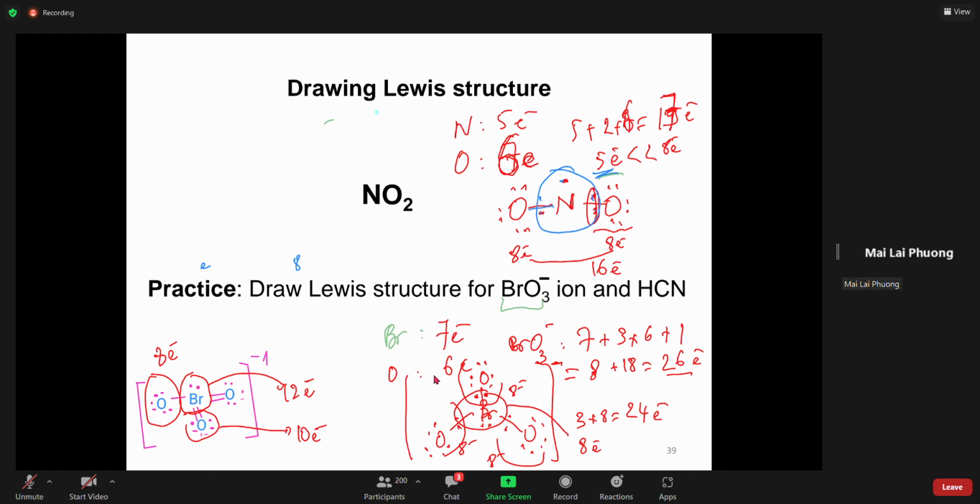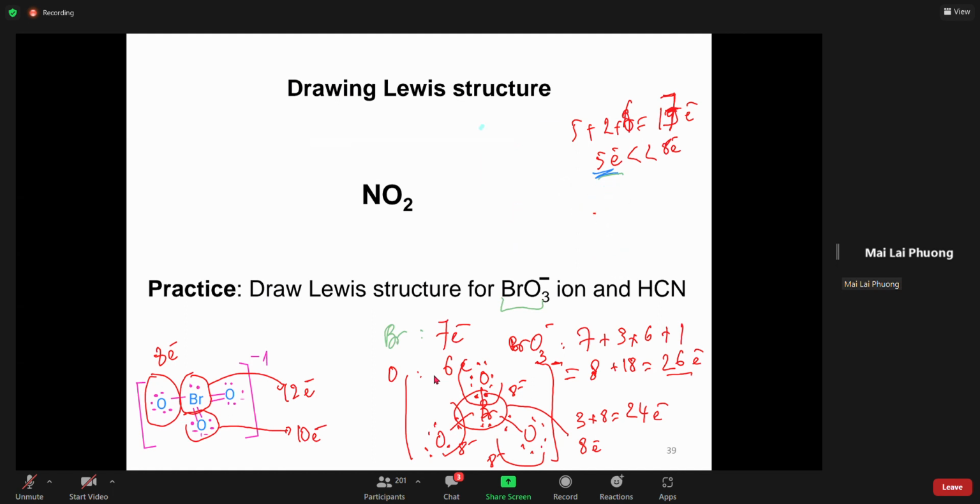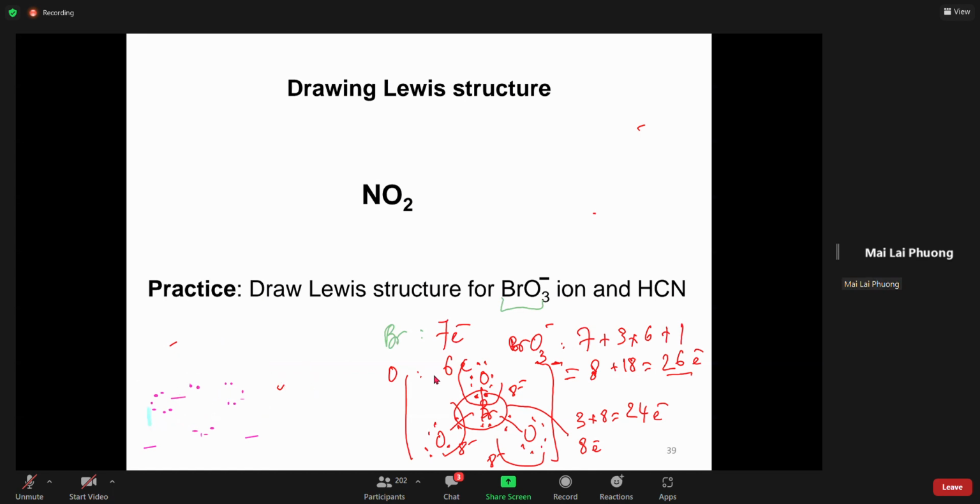Excuse me, teacher. I want to ask a question. Yeah, please. In the bromate, I think that if you draw this structure like this, the formal charge of bromine will be +2, and all the oxygens will have a formal charge of -1.